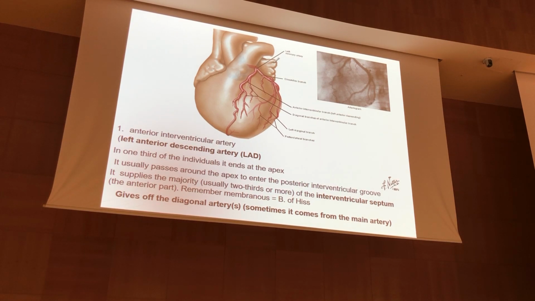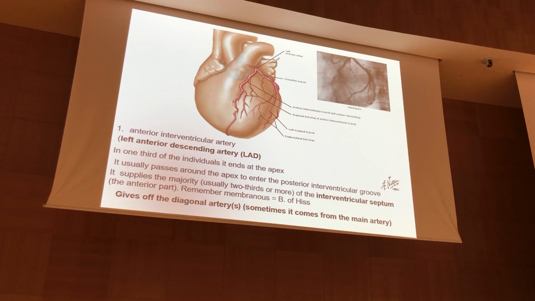So again, the left coronary artery comes from behind the left cusp of the aortic valve, the aortic sinus. It's going to run for a short distance, and then immediately divide into two: the left anterior descending, or the anterior interventricular artery, and the other one is the circumflex.